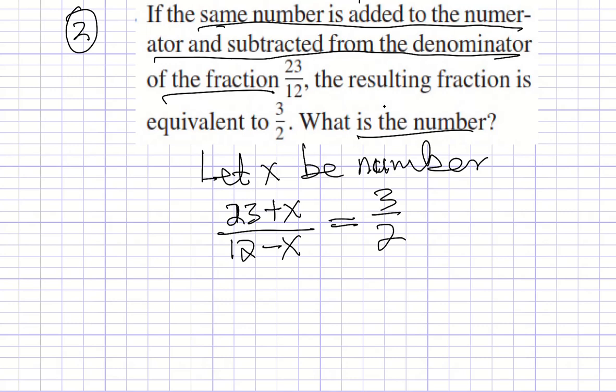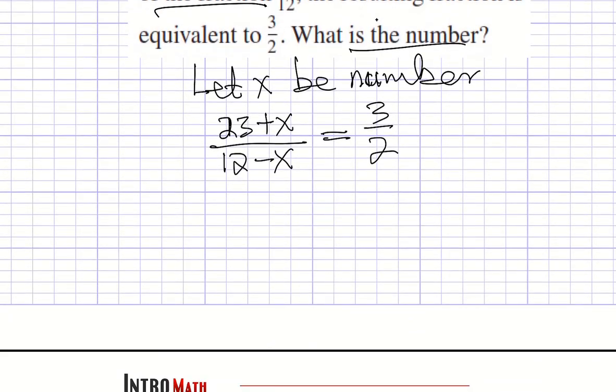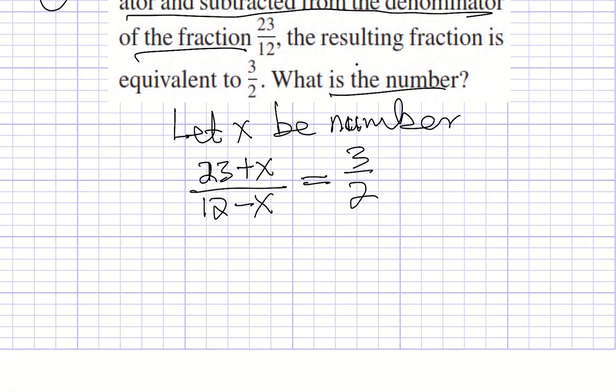We're looking for x. We'll solve for x. Again, you cross multiply. That's all you gotta do. If you cross multiply, what do you got? You got 2 times 23 plus x equals to 3 times 12 minus x. That's all.